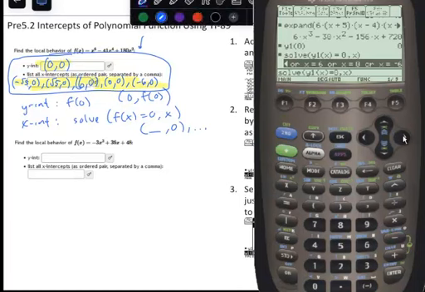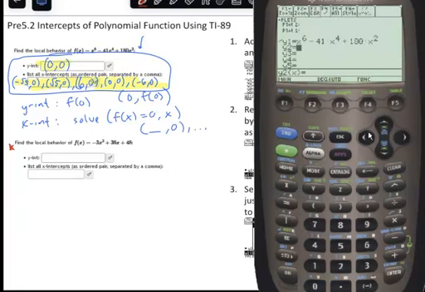Okay, so try the same thing here with this question below. See if you can find the x and y intercepts there. All right, so again, right here, I'm going to go up and change my function in the y1 editor to negative 3x cubed plus 36x plus 48.